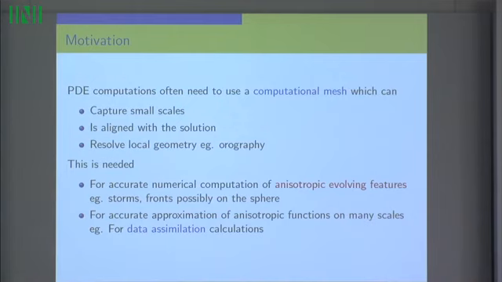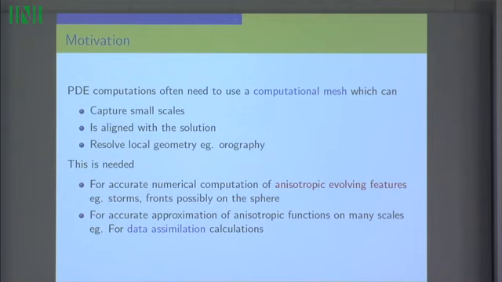I will talk a bit about PDEs as well, but we're going to talk about PDEs for mesh generation. So if you want to solve a PDE using a finite element method, finite volume, or whatever, you typically do this on a computational mesh. And if you have a PDE with interesting structures, such as the sort of singularities that I was describing on Wednesday, or maybe moving fronts, or you may have interesting orography if you're working in a geoscience application, then you probably don't want to use a uniform mesh.